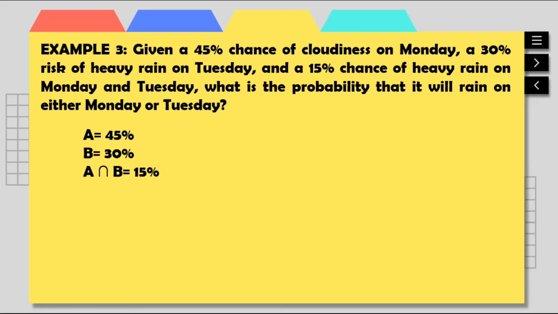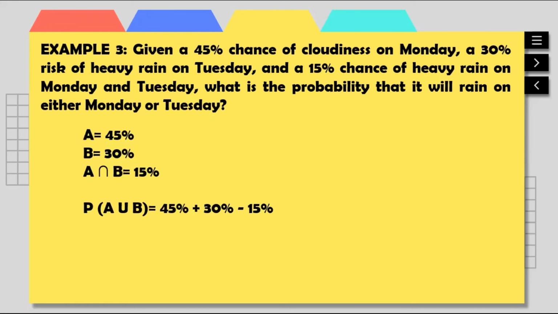So now we have the formula: the probability of getting A union B is equal to probability of A plus probability of B minus the probability of A intersection B. So the probability of A union B is equal to the probability of A, which is 45%, plus the probability of B, which is 30%, minus the probability of A intersection B, which is 15%.